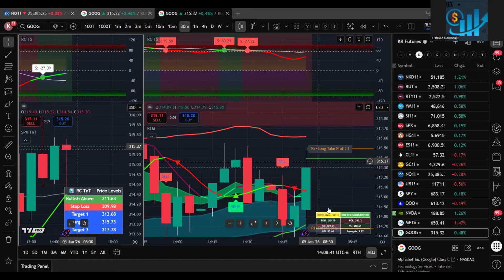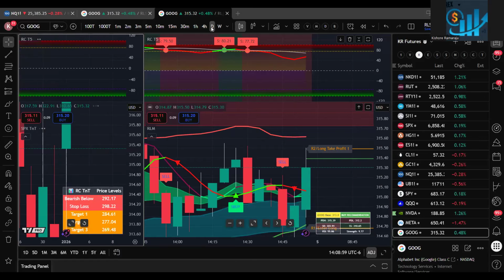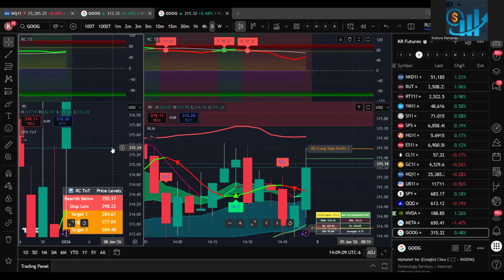So if you want to execute trades in 5 minutes, minimum 30 minutes. If you want to execute trades in 15 minutes, minimum 1 hour. If you want to be more like an investor, you can use 4 hours, and you can use daily here. Let us say Google: if the daily is showing it is bearish only if it goes below 292, and if it is above 292, it is bullish.